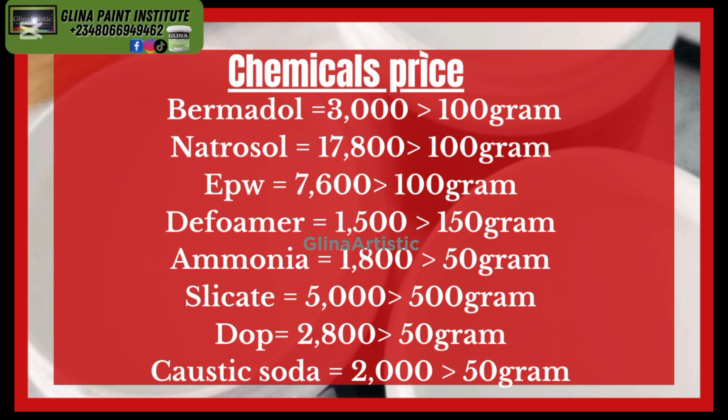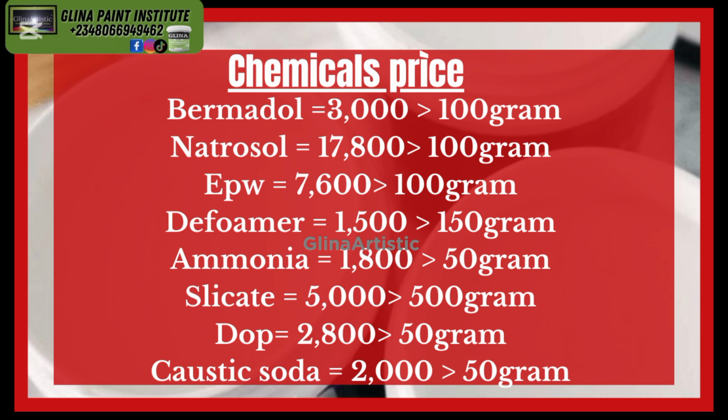So now let's get to the main thing, please. When you are already aware that most of these chemicals are sold in kg, not in half kg, the basic thing you need to do is to know how to calculate your production. Simple.